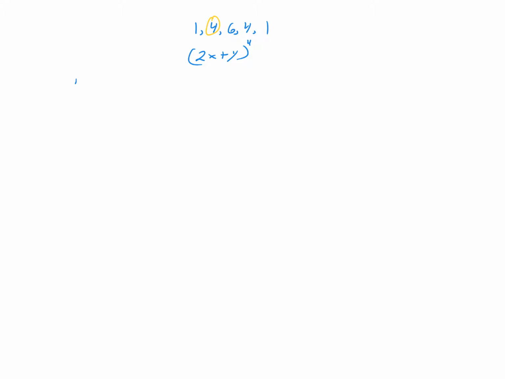So if I had a plus b to the fourth, the expansion would look like 1ab, we know how this works, 4ab plus 6ab plus 4ab plus 1ab.